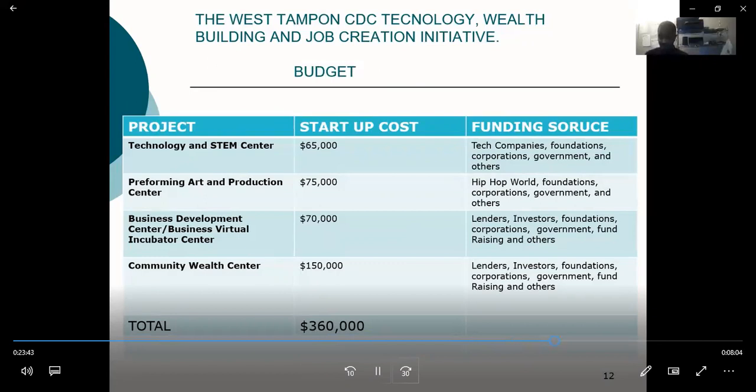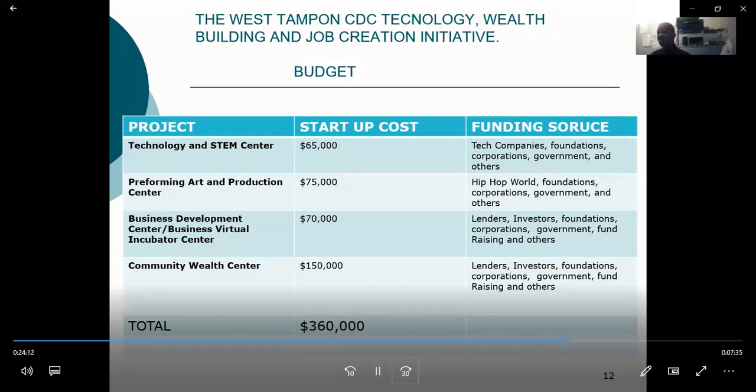funding proposal as well. Our ability to be sustainable financially is our ability to have ongoing streams of income coming in. That's why we're looking at starting at least 3 separate businesses. And we've done the feasibility study in which the West Tampa CDC will create different streams of income.